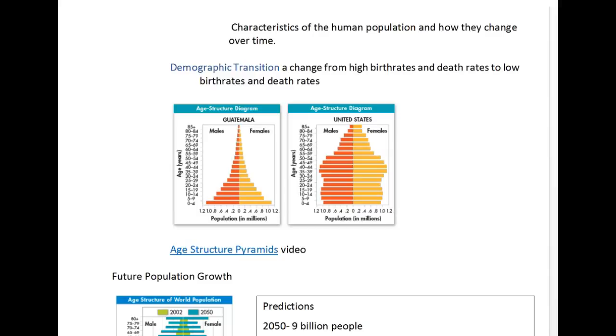So we can take a look at these two age structure pyramids and we can see here's Guatemala, a place with a very high birth rate, but yet a very high death rate.